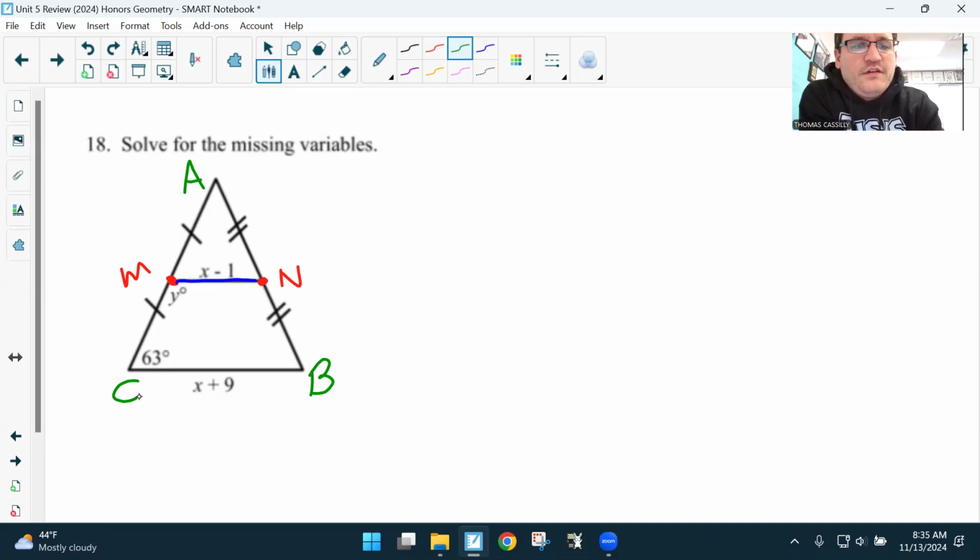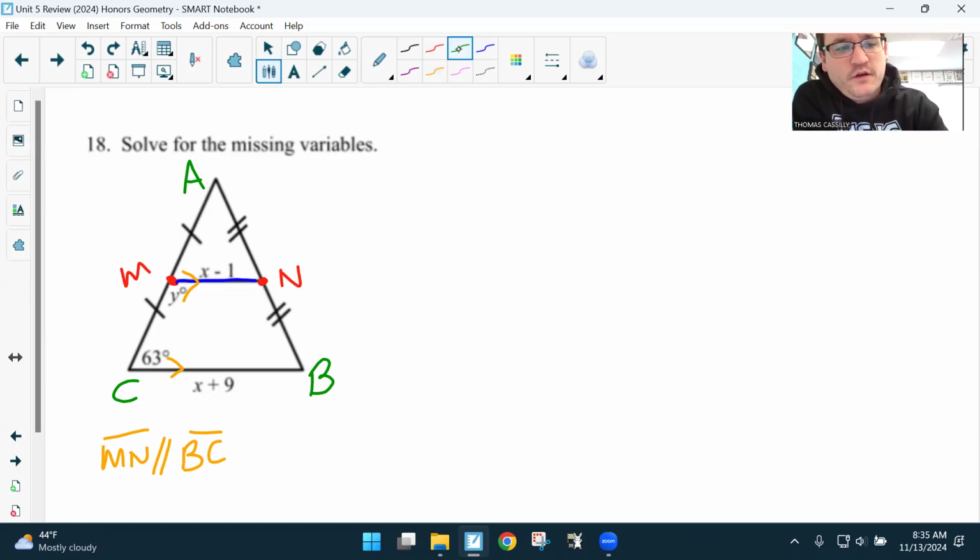There was a special relationship between a mid-segment and a base. The first thing we could say is MN is parallel to BC. So I'm just going to throw some parallel symbols in there. That's going to be useful for the second part here.